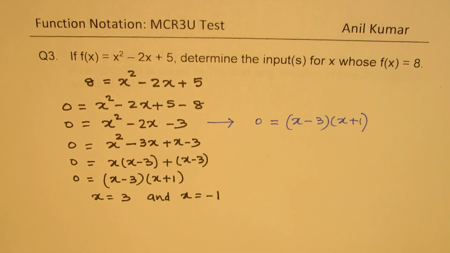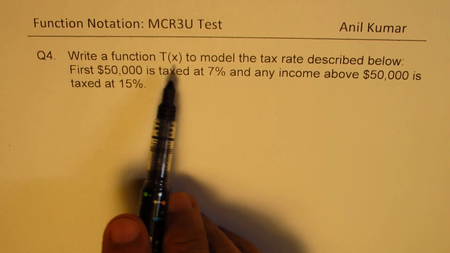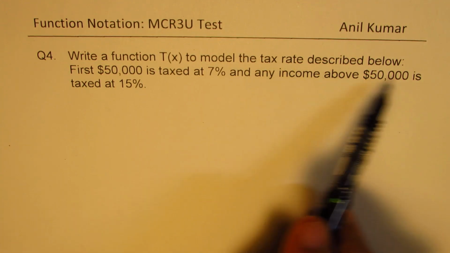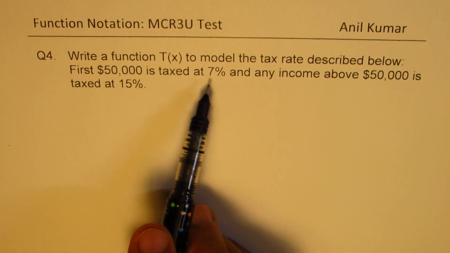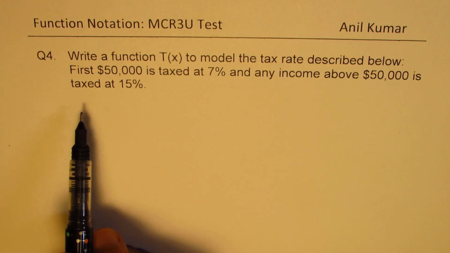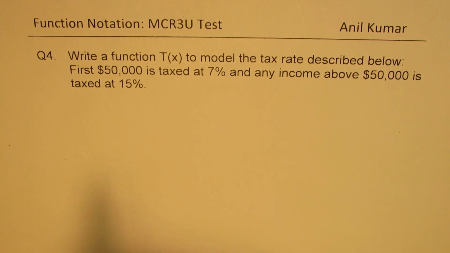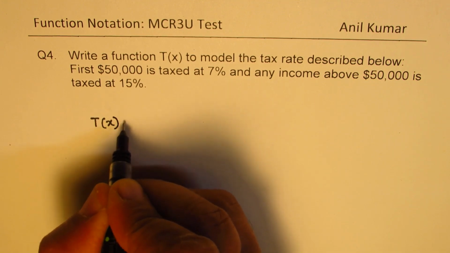You know product and sum, correct? Now here is the last part of this, question number 4. Write a function t of x to model the tax rate described below. First 50,000 is taxed at 7% and any income above 50,000 is taxed at 15%. So we have a two-tier tax rate, right?